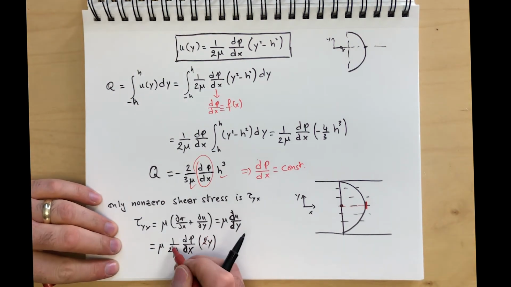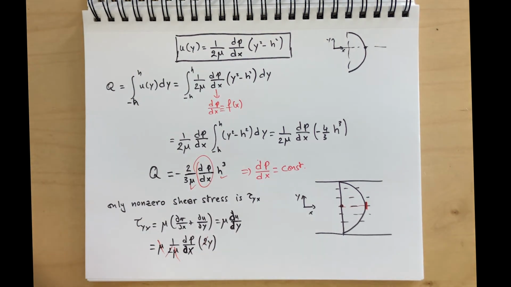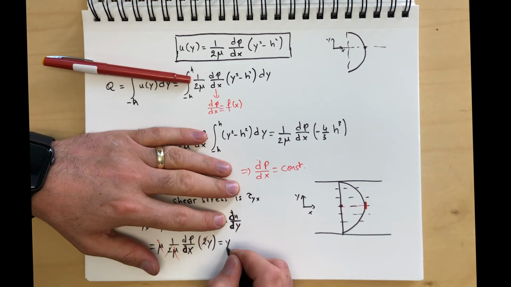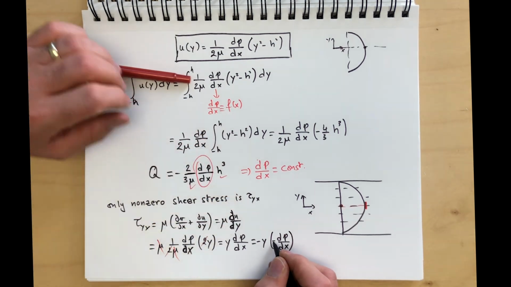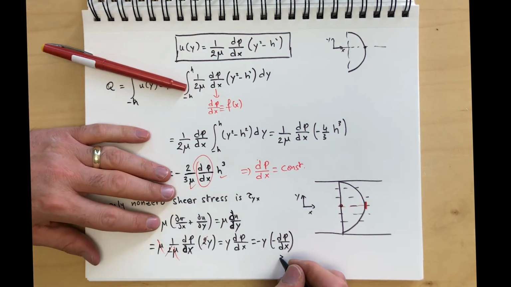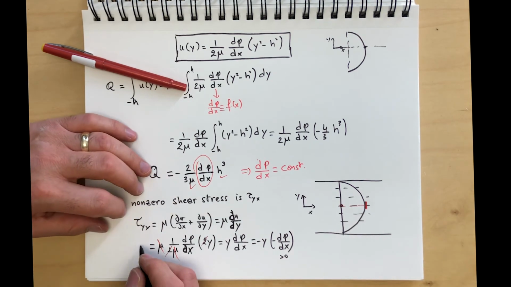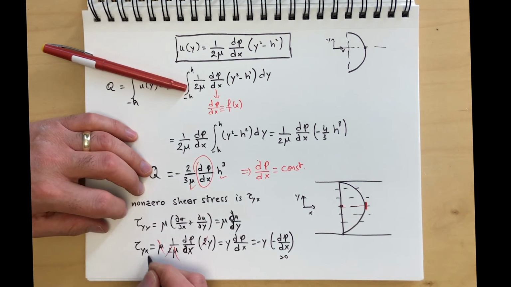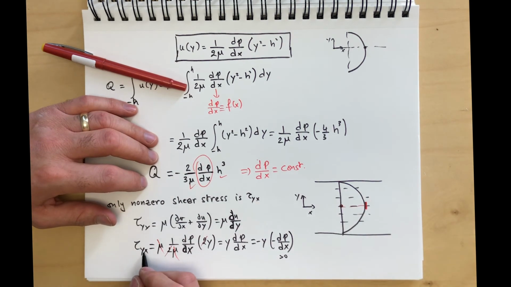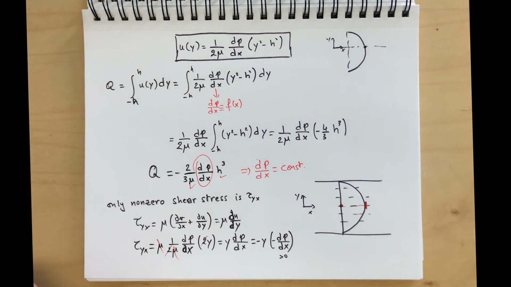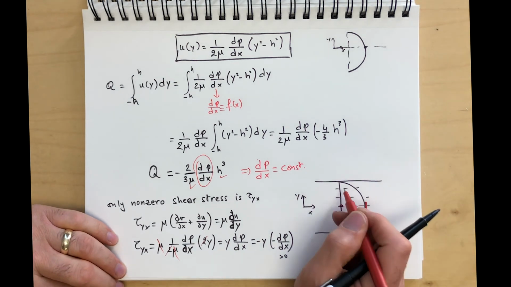So mu and mu cancel out, and we get y dp by dx. I'm going to write this as minus y times minus dp by dx, because dp by dx is negative, so minus dp by dx gives you a positive quantity, and this minus y determines the direction. If you are in the positive y direction, then tau yx is going to be pointing in this direction.